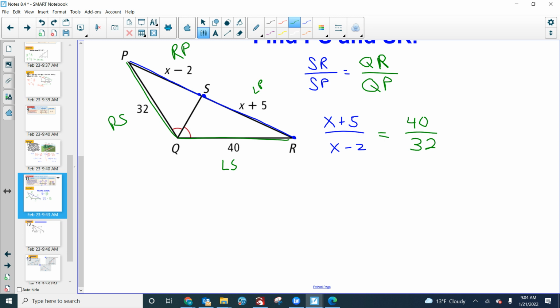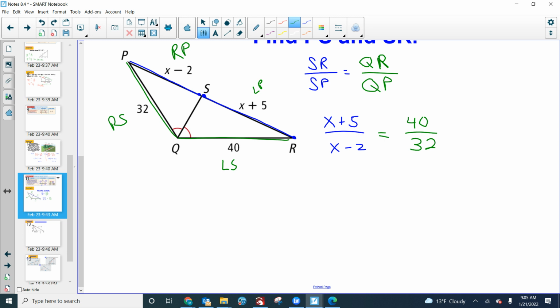What should we be careful of when we cross multiply? By the way, we have to cross multiply here. What should we be careful of? When I multiply 32 times x plus 5, you have to put an equal sign between them. Yep, we're going to need an equal sign. I agree.